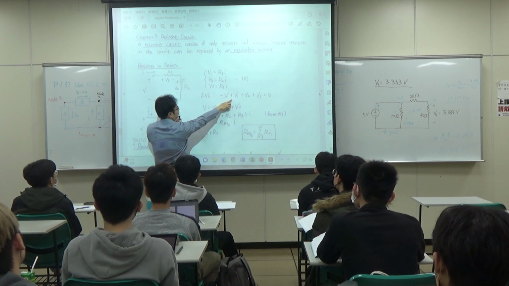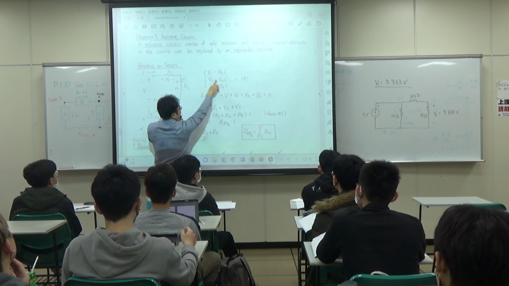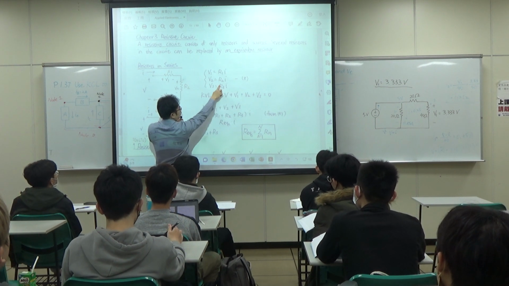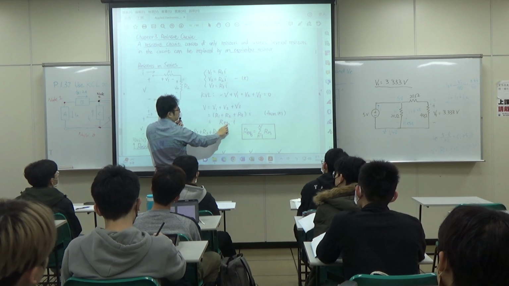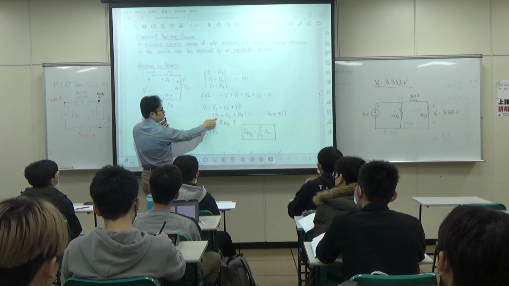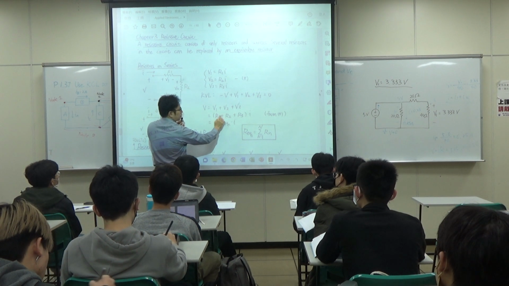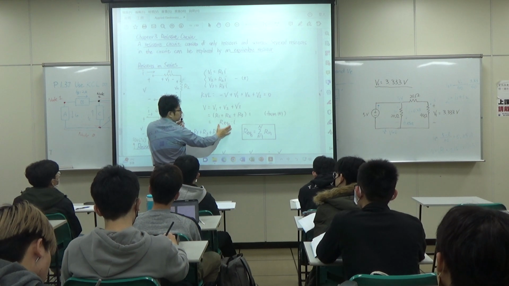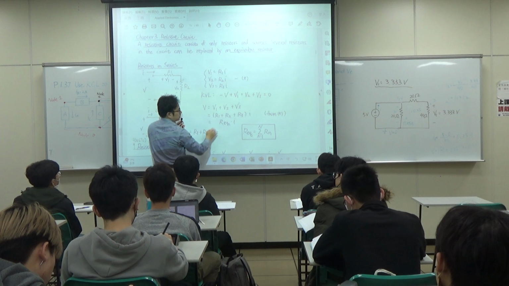Then you use KVL, replace V1 with R1I, V2 with R2I, V3 with R3I. And so you can sum up the R1, R2, and R3 and make them become an equivalent resistance Req.